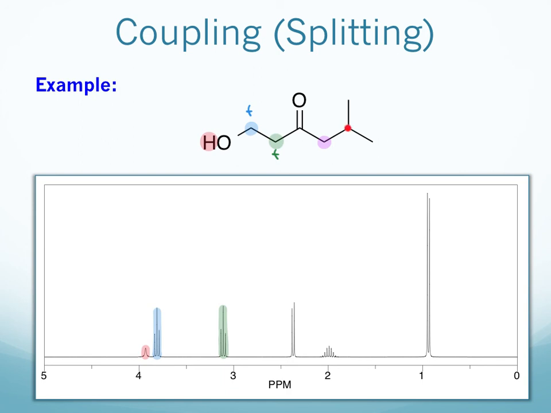It only has one neighbor with protons. So that neighbor, we just have one hydrogen, 1 plus 1. This will be a doublet. This is going to be in this region being next to the carbonyl, and that's going to be about 2.5. So that's the doublet right here.